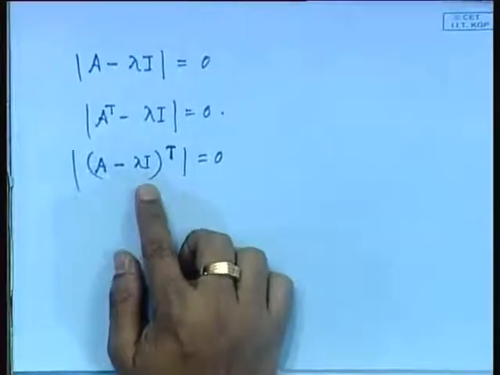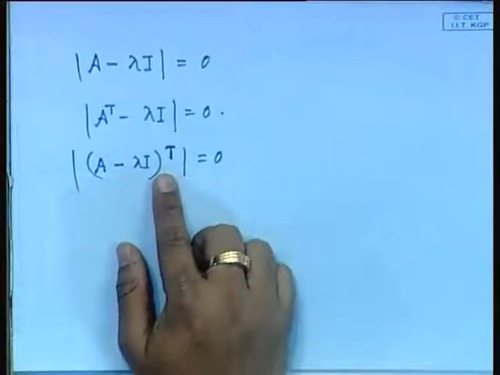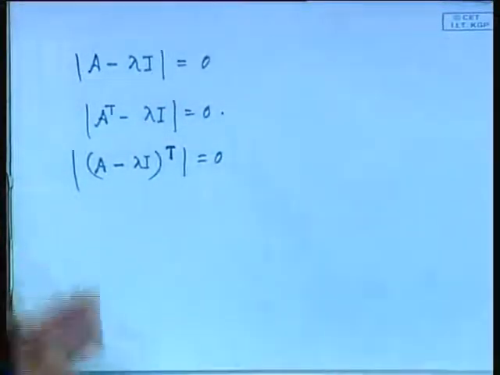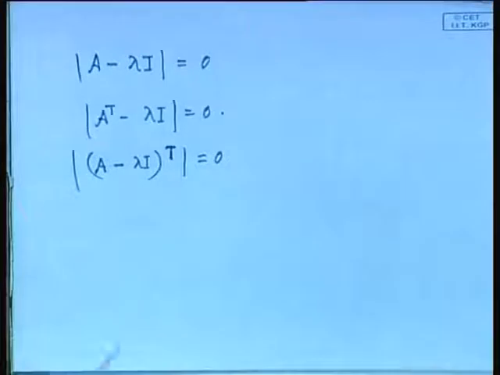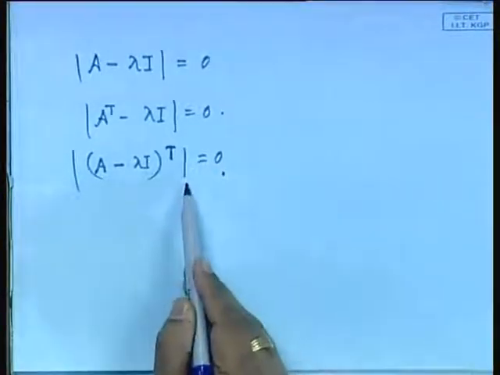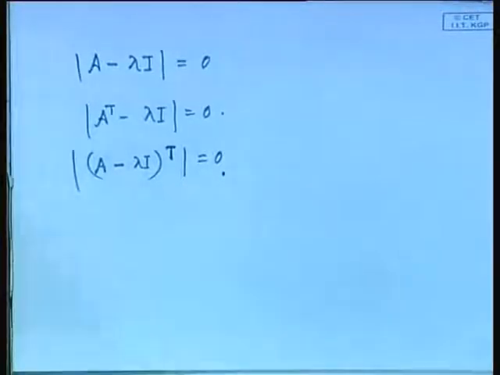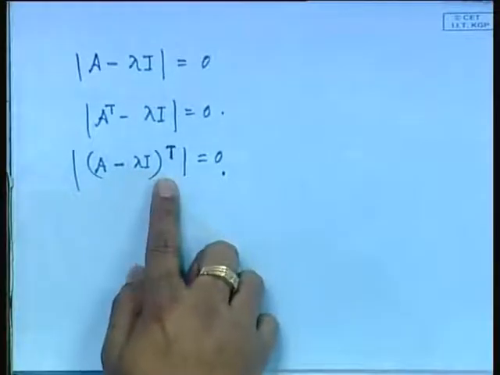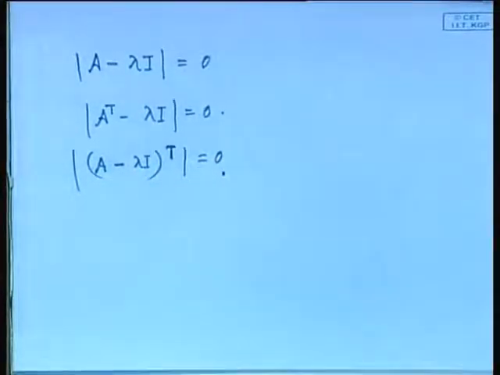Are you with me on this particular step? Because lambda is affecting only the diagonal and the rest of the things are permuting, with rows becoming columns and columns becoming rows. So, this is the characteristic equation. Now, for determinants, you know that the determinant of the transpose is the same as that of the original, and that is why the eigenvalues of the transpose matrix and the original matrix are the same.